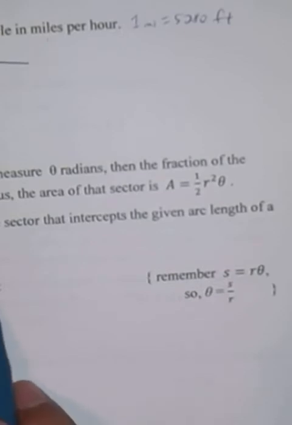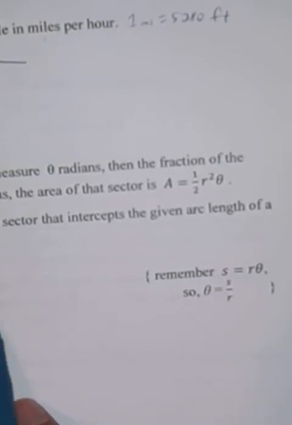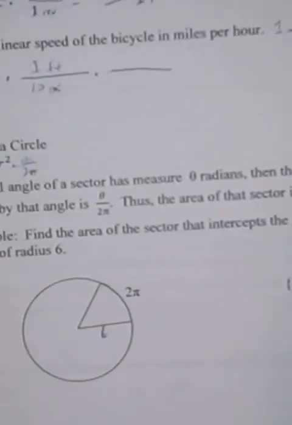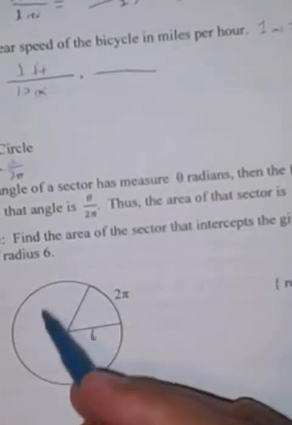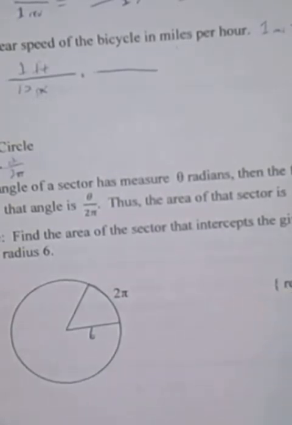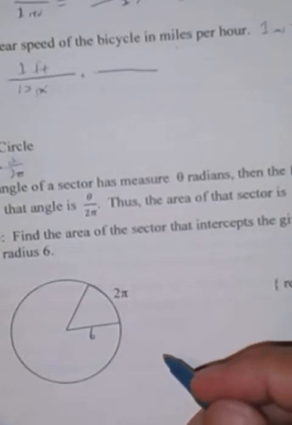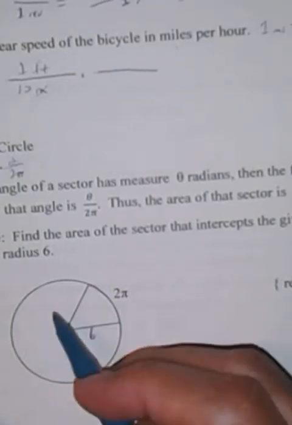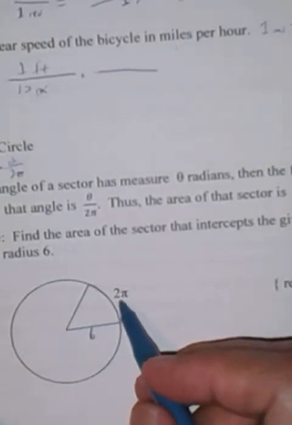So here we have S is 2 pi. That's the arc length. R is 6. So we're going to multiply the area of the circle, pi r squared, times 2 pi over 6.